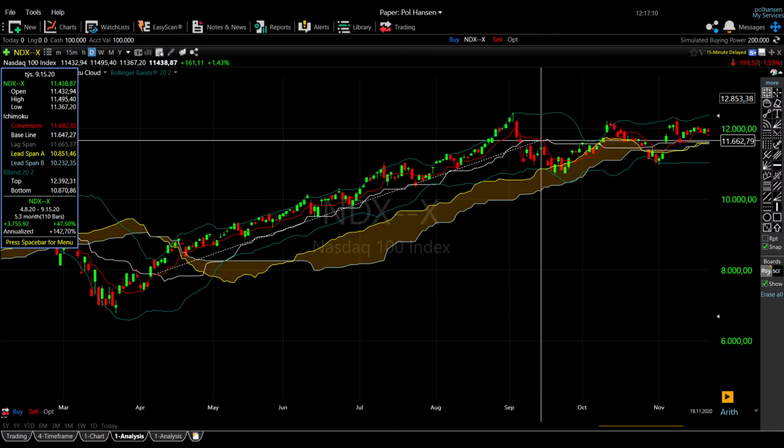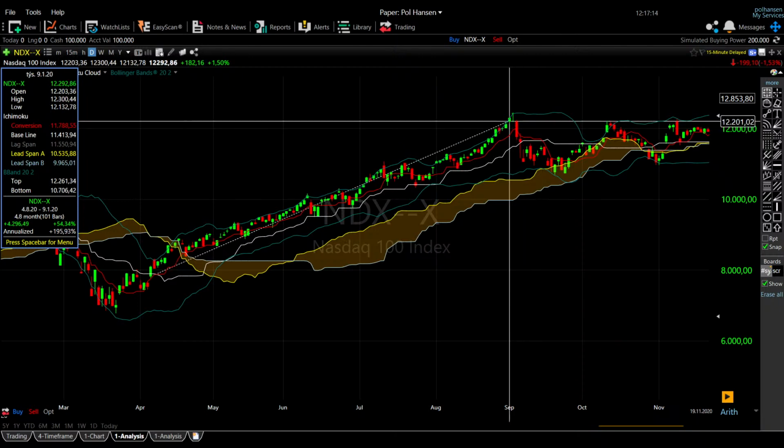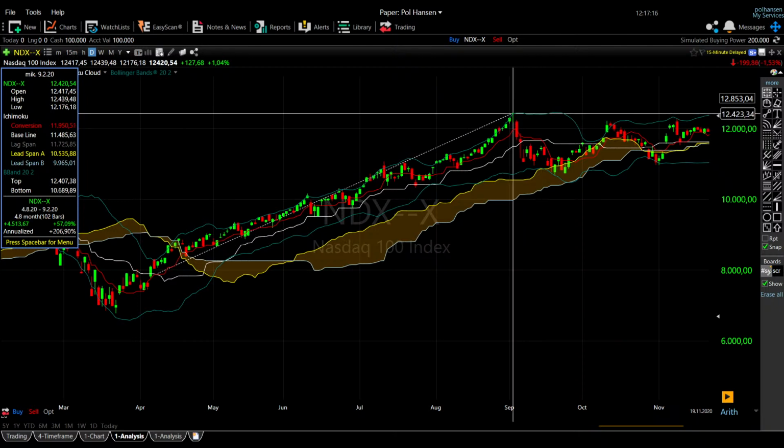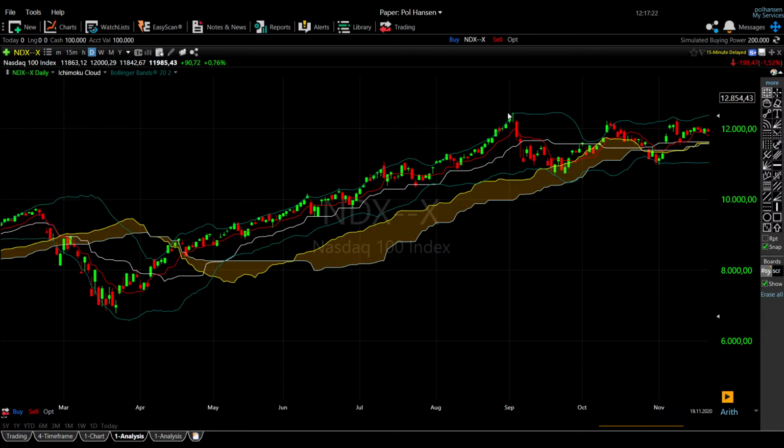So this trade of roughly 47%, and this is a trade of roughly 57%. So 10%, give or take, more profit if you followed the combination of this and the Bollinger Band.